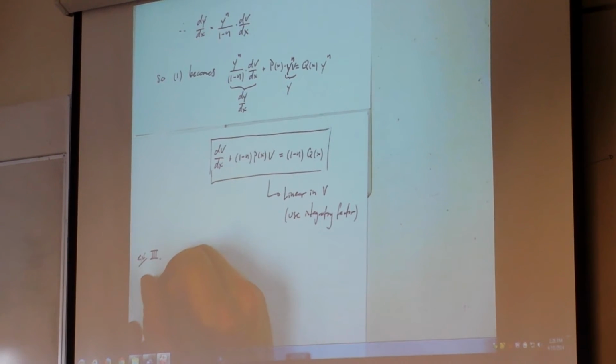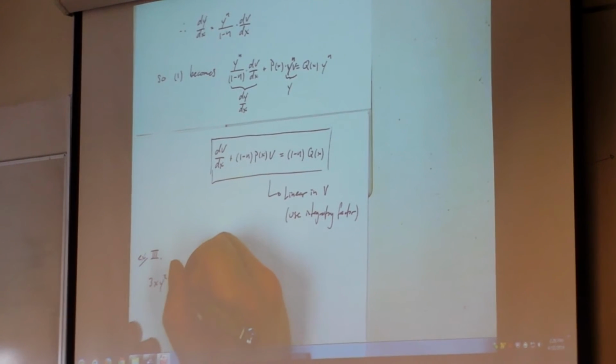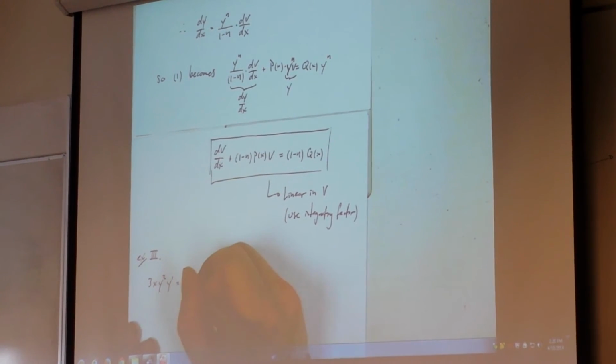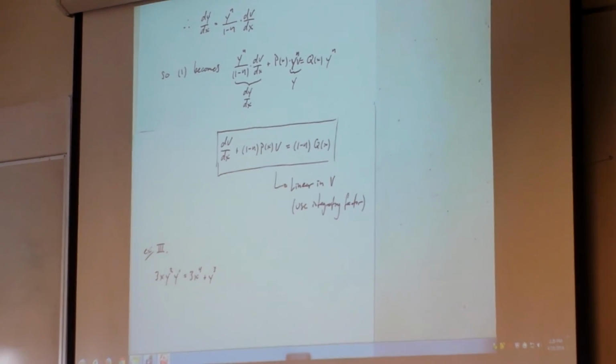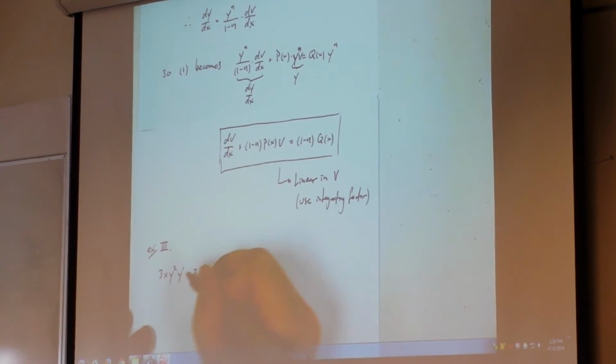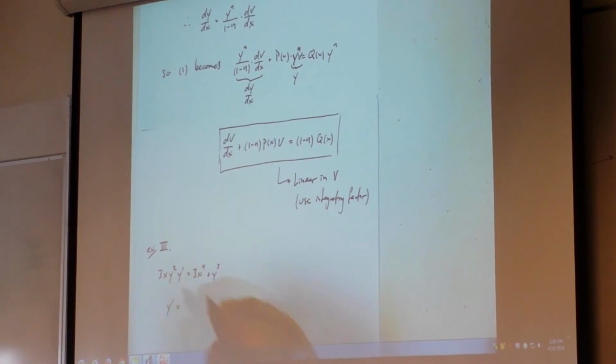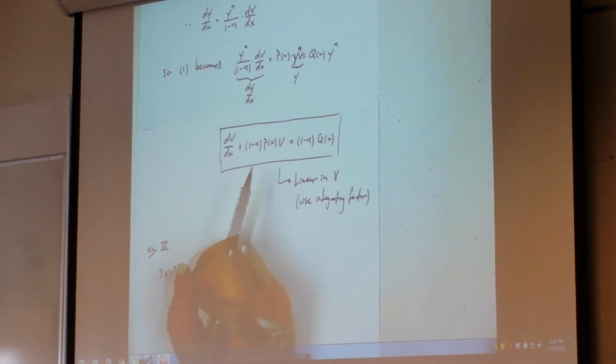Say we have the equation 3xy squared y prime equals 3x to the 4th plus y cubed. Okay. So, isolating y prime here, if I divide by 3xy squared everywhere, I'm going to do that just so I can see it.